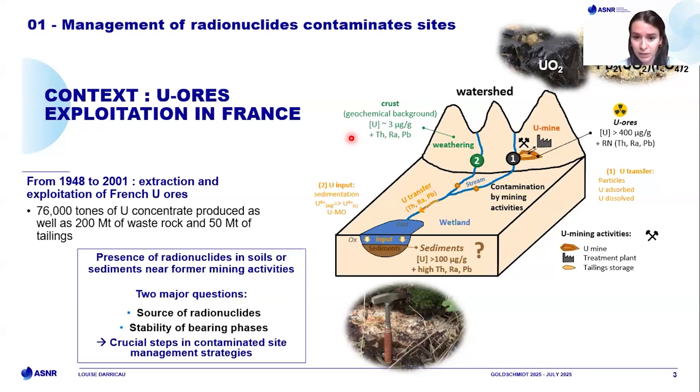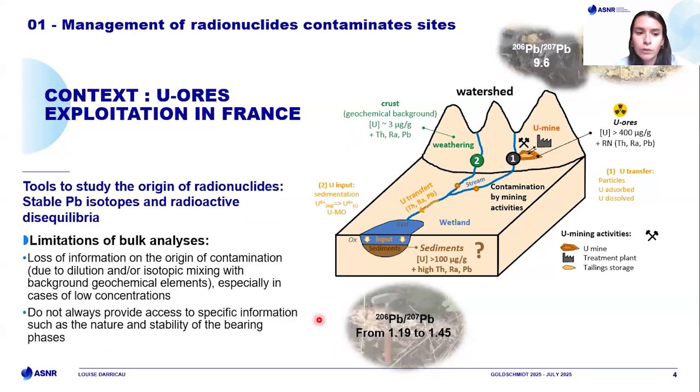When we manage those sites, there are a lot of questions, and here we are going to focus on two main questions: what is the source of the radionuclide in this environment, and what is the stability of the bearing phases of this radionuclide.